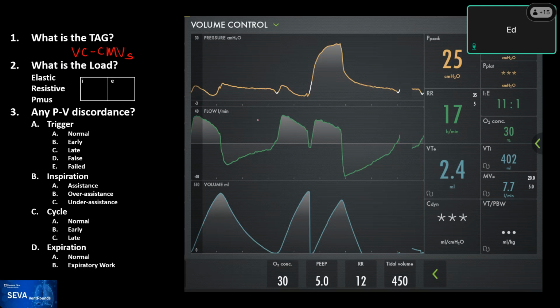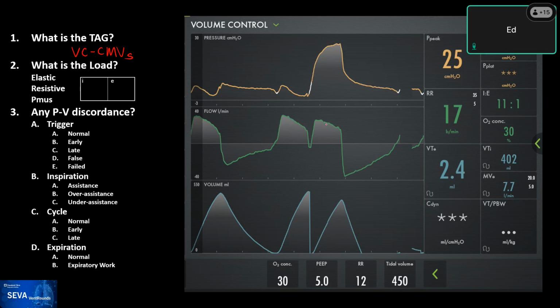You're expecting a geometric shape. The ventilator is delivering a descending ramp flow, and you can see that the flow being manifested by the ventilator on the screen is very different. It doesn't look identical, which is what we would expect if this was volume control.